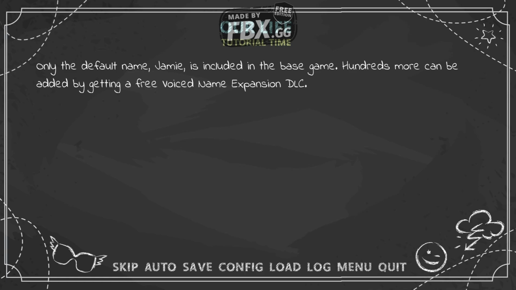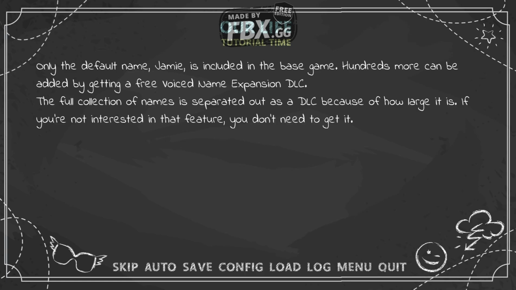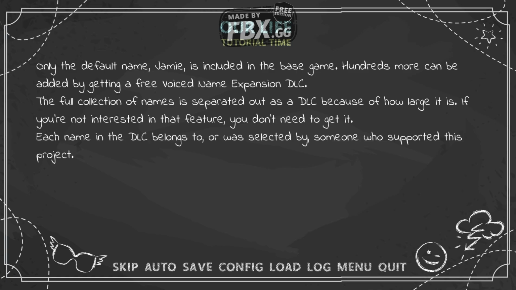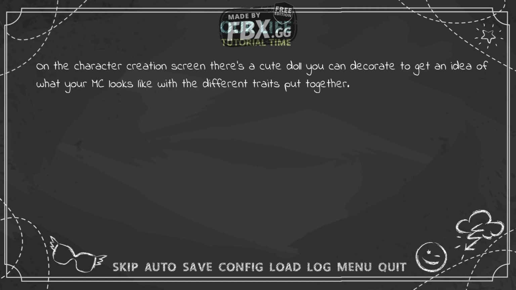Hundreds more can be added by getting a free voice name expansion DLC. The full collection of names is separated out as a DLC because of how large it is. If you're not interested in that feature, you don't need to get it. Each name in the DLC belongs to or was selected by someone who supported this project.